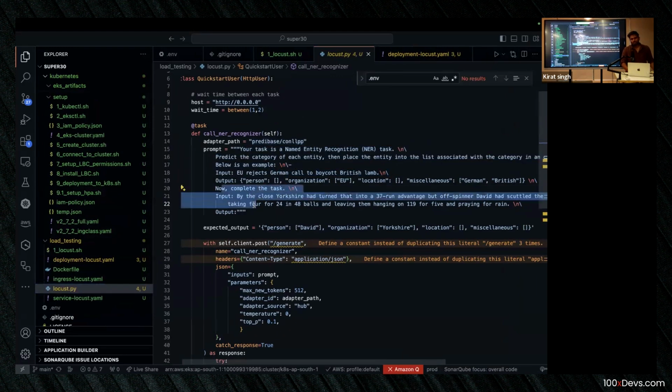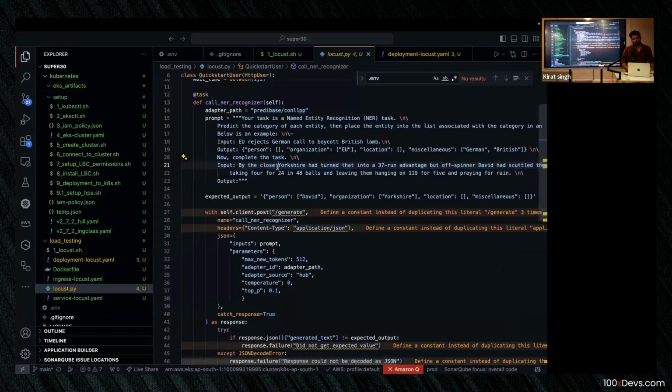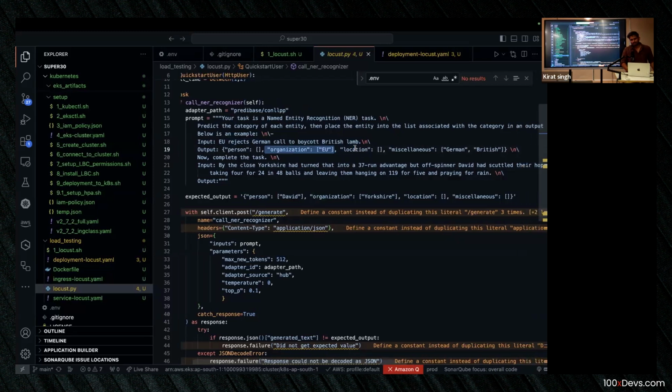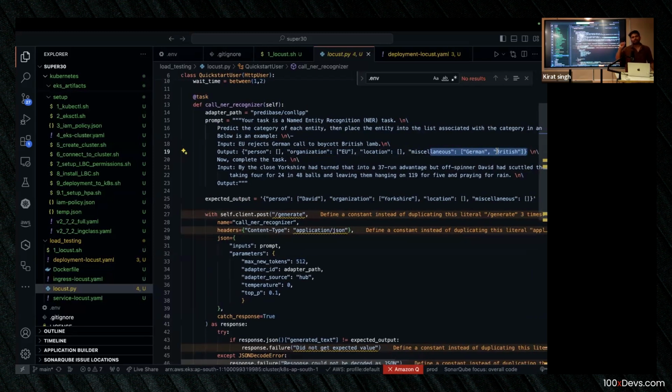We also learned something called example-based prompting, few shot prompting and all that. So there's a question up here: EU rejects German call to boycott British lamb, and then it automatically recognizes organization is EU, location is Germany, miscellaneous is British. You're actually giving the LLM an example to get the next examples. Prompt engineering, basically. Then you give the final input for which it has to generate the output.